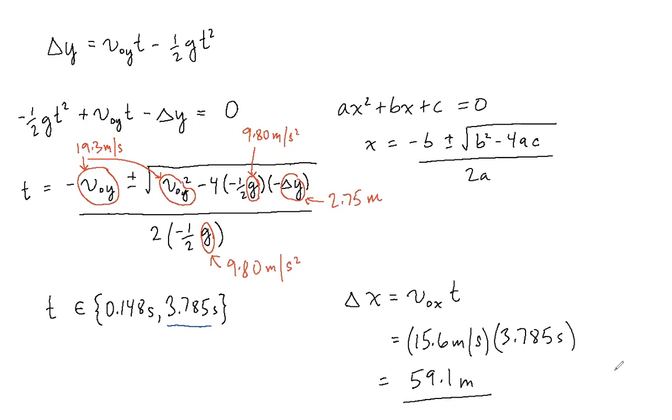Okay, so that was part B. Any other questions about part B? And for the time, do you take 1 to 4 significant figures, or does it matter? It doesn't matter that much. When I'm grading the exam, I'm not going to be looking very closely at your significant figures.